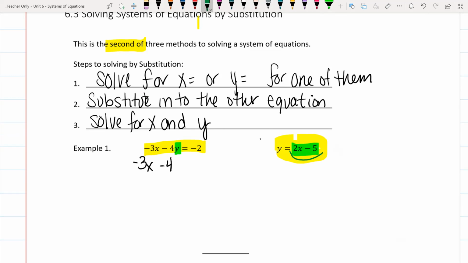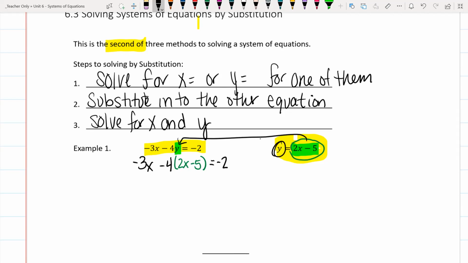Now I'm going to plug in what y is equal to. y is equal to 2x minus 5. And I'm going to finish writing my equation out. So, again, since y was alone, we could plug this in for y. We're replacing that y. So see, now there's no y's in this equation now.